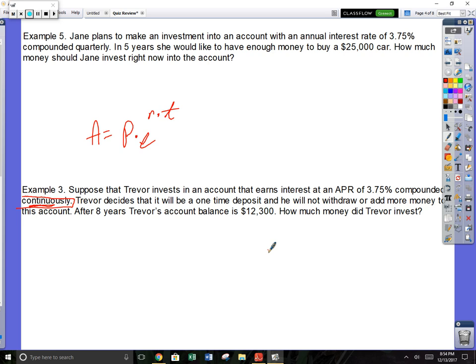So here we go. We know that A, your end result, is 12 grand 300. You do not know the initial deposit, so that's unknown. E, the rate is 0.0375, and he's going to let that ride for 8 years.